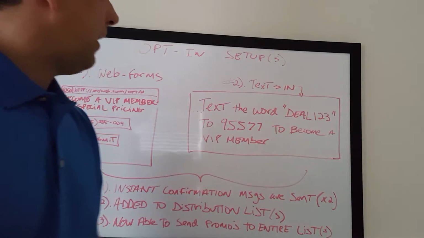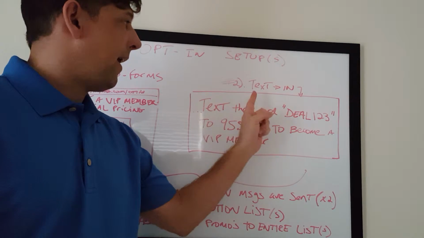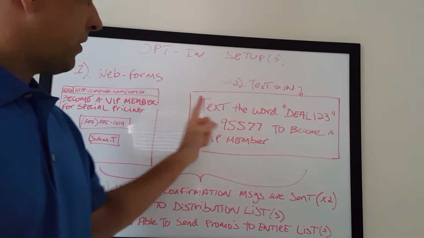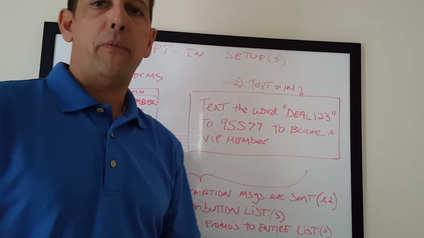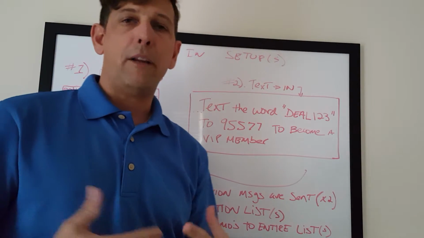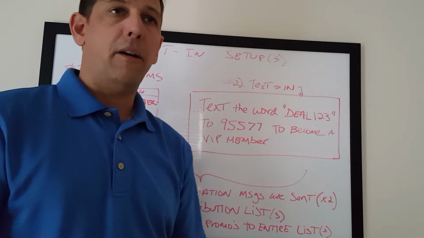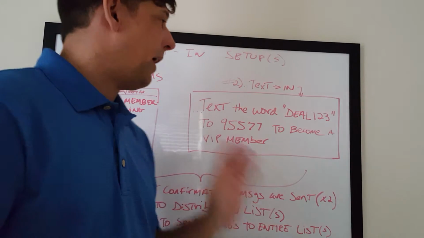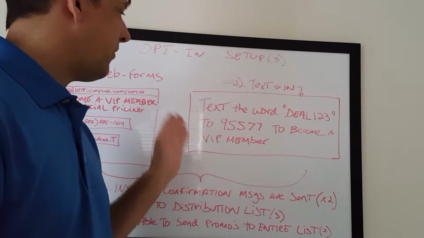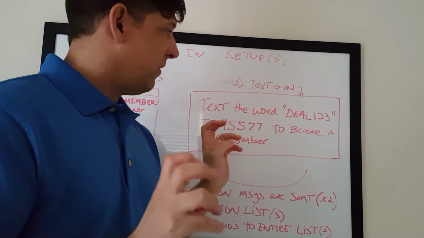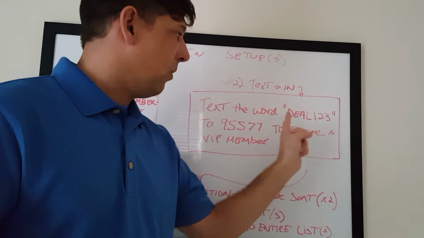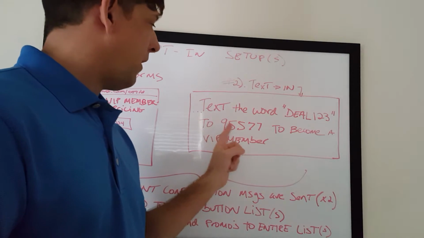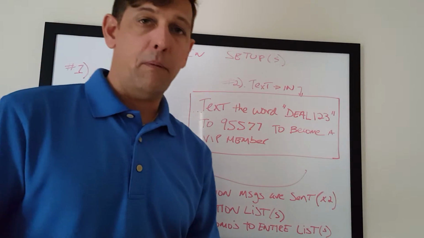The second way is a text-in method to opt in. This box can be representative of some marketing piece that you sent out, a mailer, an advertising piece. It could be on a client's web page. It could be anywhere. But basically the wording is: text the word DEAL123, or whatever keyword you choose, to 95577 to become a VIP member.